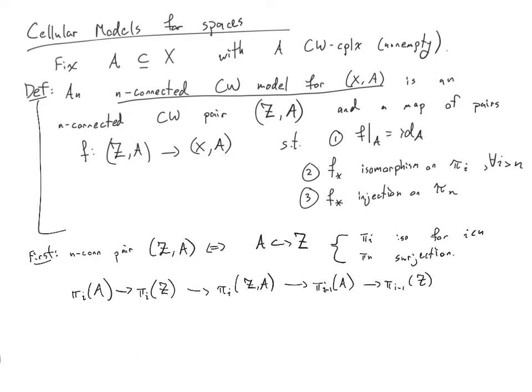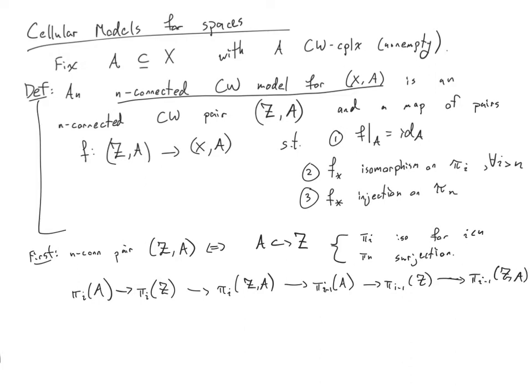As we go to the right, the next one is pi i minus 1 of (Z, A).